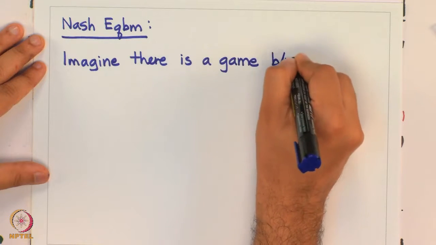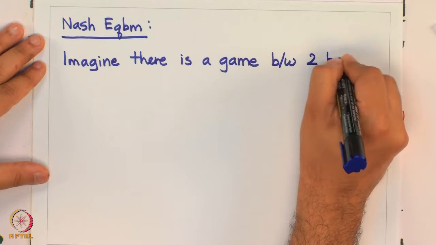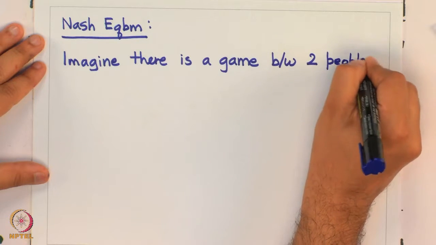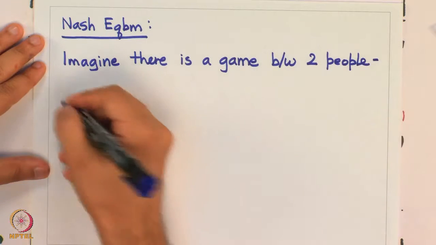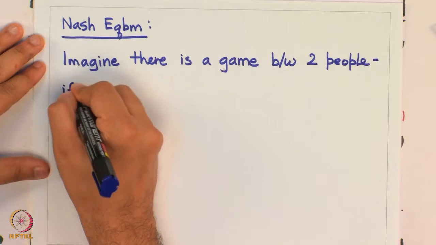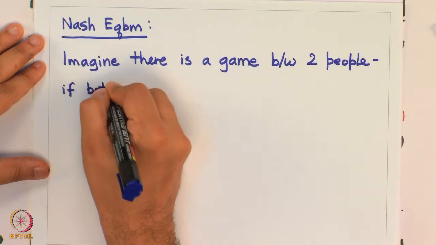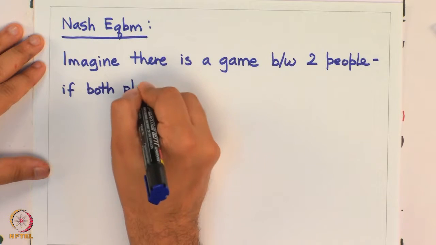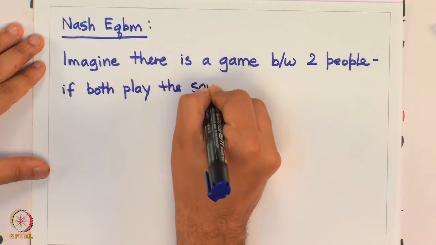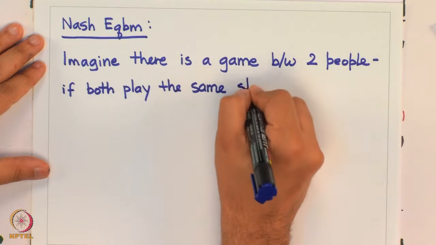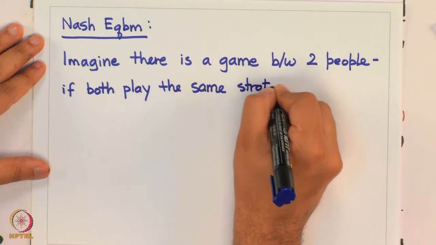In our context, we are going to replace these people with the two genotypes, and the definition goes on: if both play the same strategy, in our context the strategy is replaced by the particular genotype.